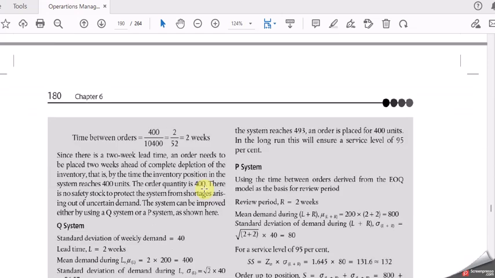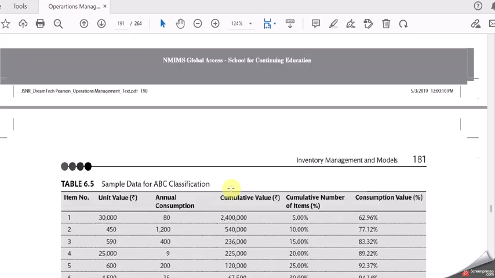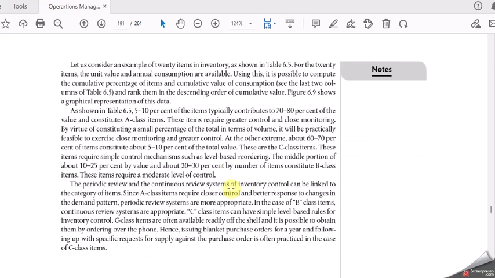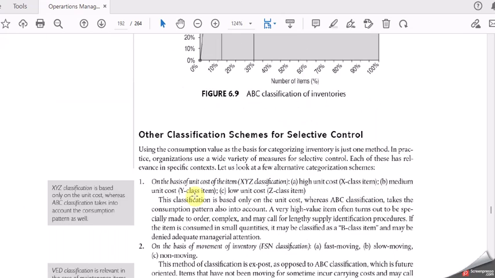Once you are done with that, you can also have another selective type of control, which is ABC classification. In this classification, you can go ahead based on the type of inventory you have selected, low cost, high cost.